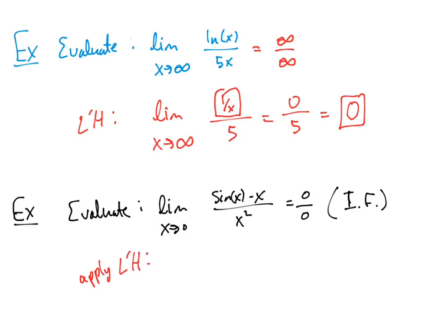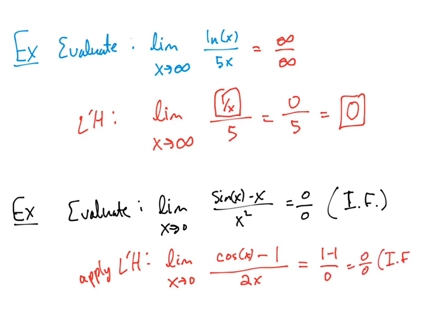to the original limit. So as x goes to 0, the derivative of sine of x is cosine of x, minus the derivative of x, which is 1, divided by 2x. By direct substitution, cosine of 0 is 1, minus 1, and then in the denominator we get 2 times 0 is 0, so this is also 0 over 0.